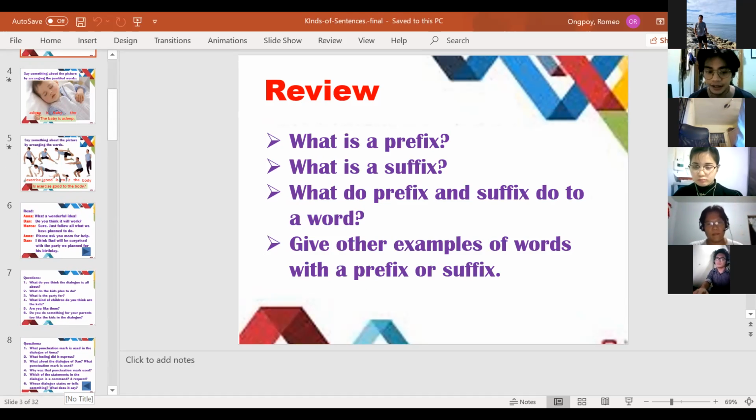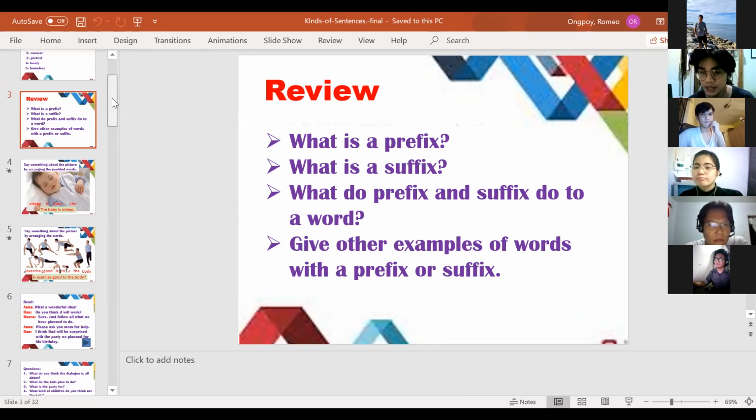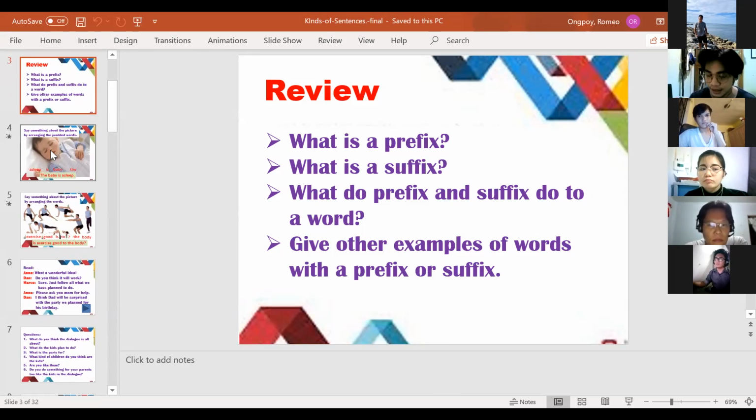A suffix, on the other hand, gives the word a different kind of meaning, like for example homeless or lovely. For lovely, it turns it into an adjective. So what do prefixes and suffixes do to a word? They give a different meaning to the word, for us to use it in a different context in the sentence.